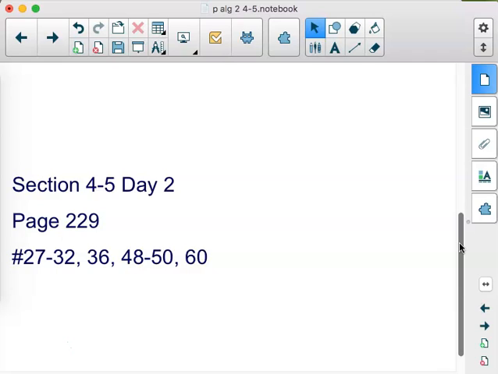So give it a try if you're feeling good with it, after you've solved them. And that's mostly because on the test, usually people want to show steps in case they mess up somewhere, and I can give them partial credit for it. If you just use the graphing calculator and you write down the wrong answer, then I can't give you any partial credit. So most people feel a lot safer doing this algebraically.